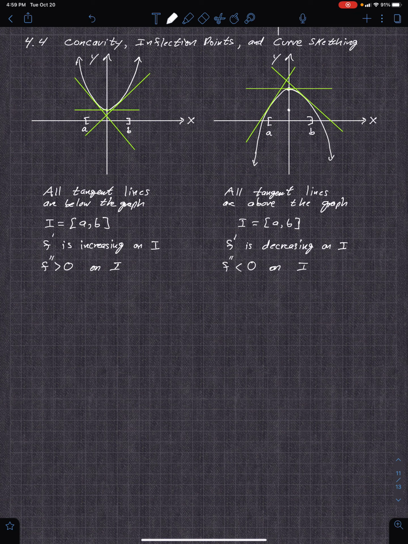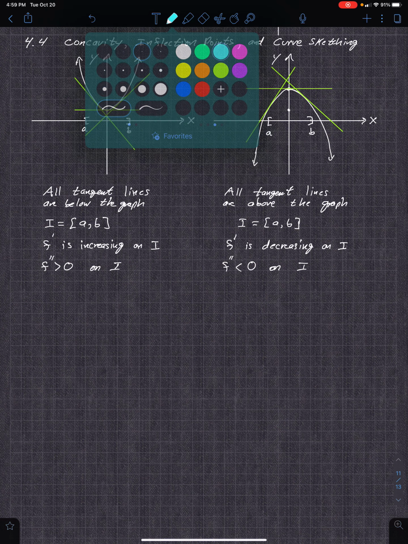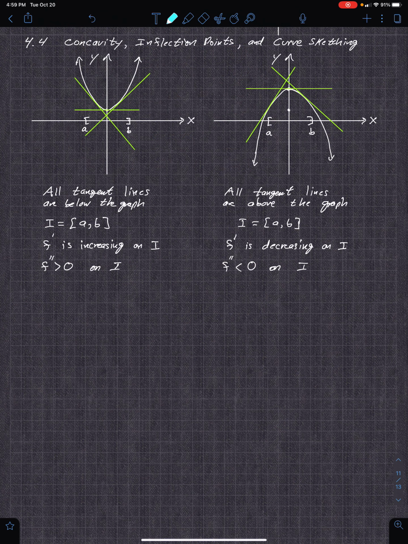What that means then, this has a name. This is the concavity of the graph. On the left-hand side, we call that concave up. Concave up, it's like it can hold water. Not necessarily, but that's what you could think of it as. Concave up means you can hold something above it like that.